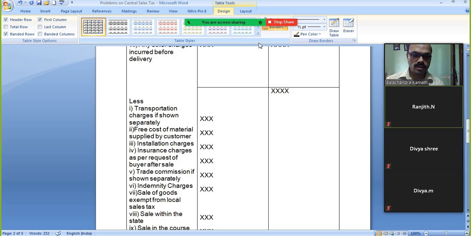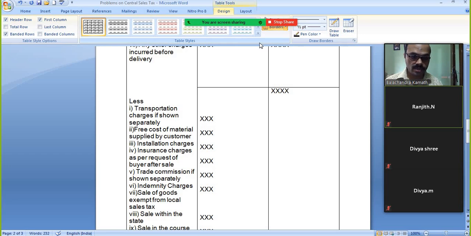Installation charges will be deducted because it is after the delivery of the goods. Then insurance charges as per request of buyer after sale. If any insurance is paid after sale, then it is to be deducted. Trade commission if shown separately. Here it's not buying commission, it is selling commission.